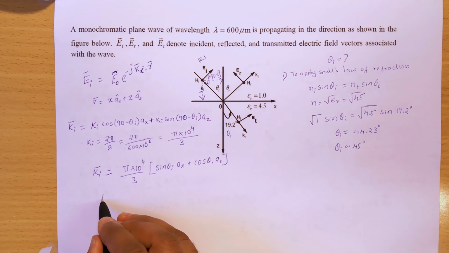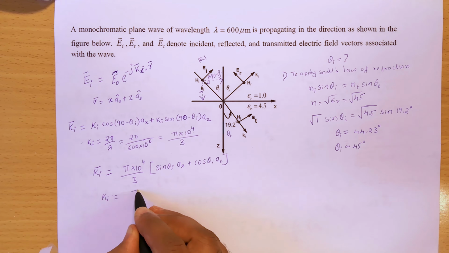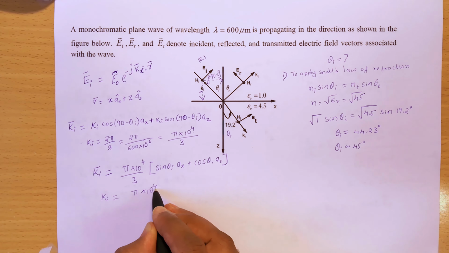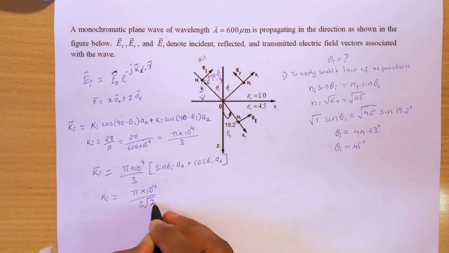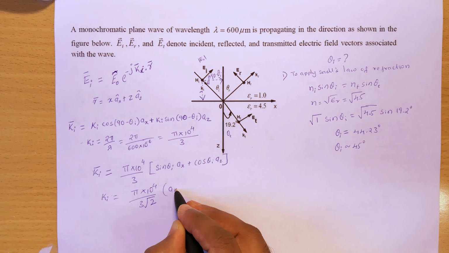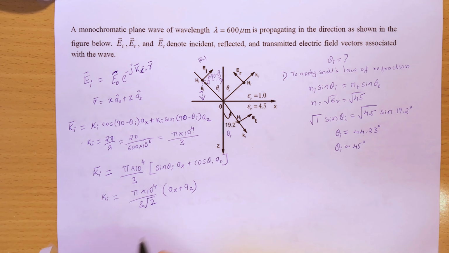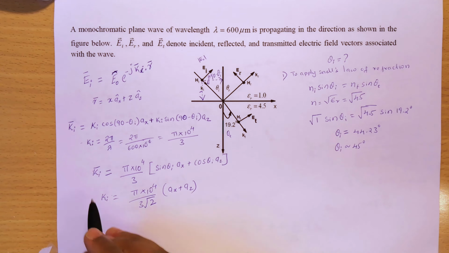This equals Ki is pi into 10 raised to 4 by 3 root 2, Ax plus Az.